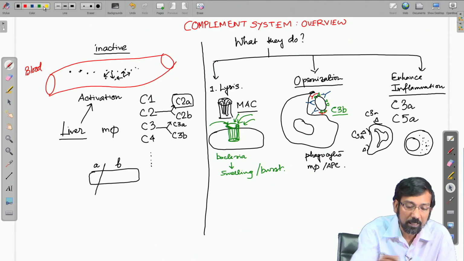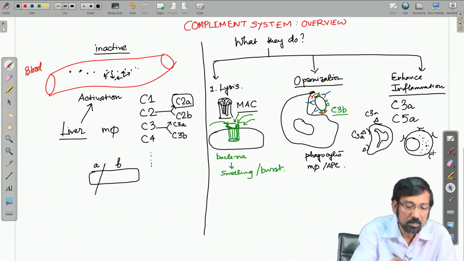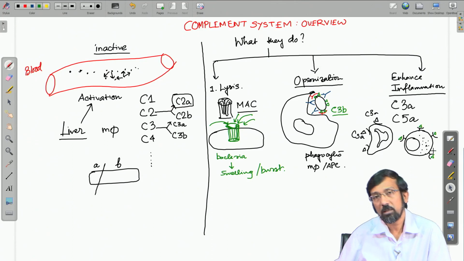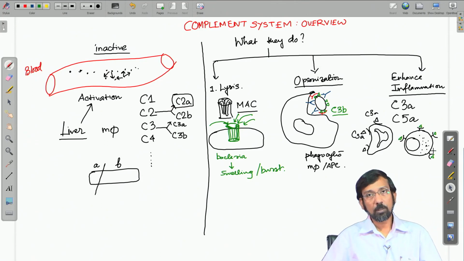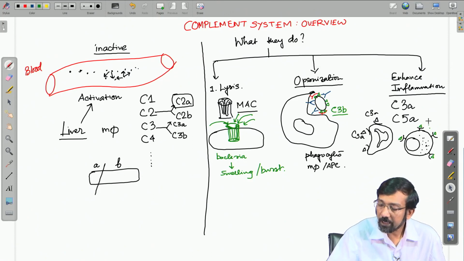These granulocytes, the mast cells, can express on their surface receptors which can bind to the complement protein cleavage products like C3a and C5a, and they can lead to degranulation of the mast cells.